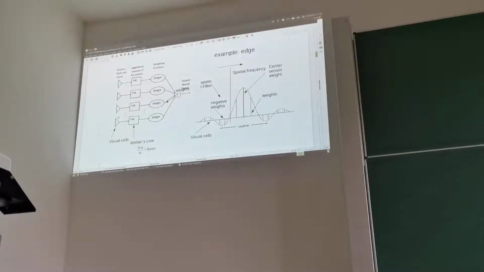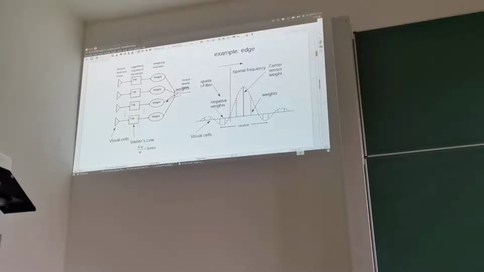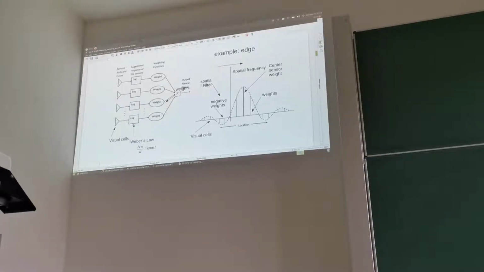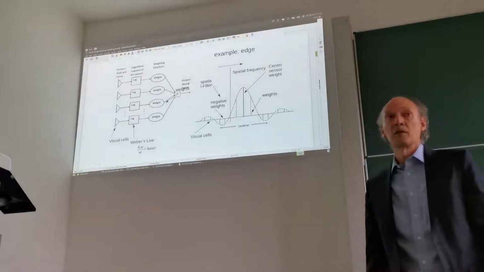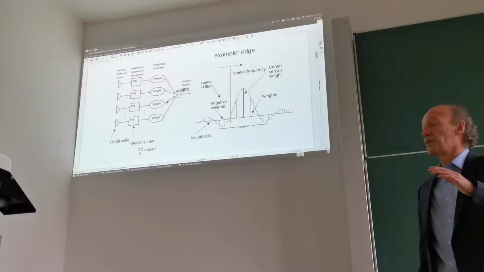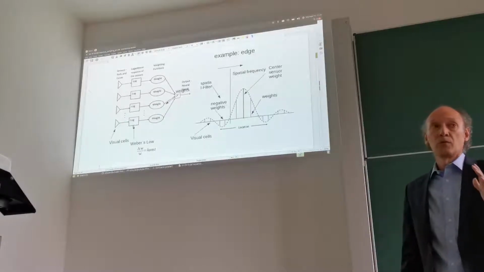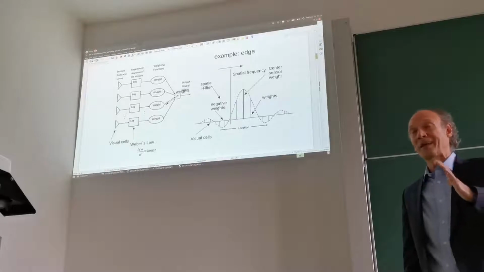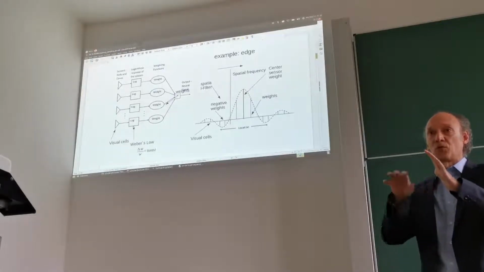And the next step is this box with a nonlinear function. So this is basically like a logarithmic function, which means it is doing some sort of compression. So when you have weak light, it has strong gain, so it lets every photon through.